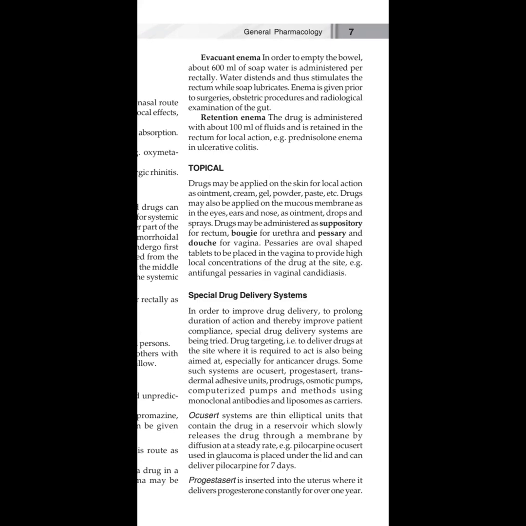Pessaries are oval shaped tablets to be placed in the vagina to provide a high local concentration of the drug at the site, for example antifungal. Mostly when they are having any infection, you put a drug on that area and let it be absorbed over there. So you put a tablet or you break a capsule and put it over there, and it gets absorbed through the tract.